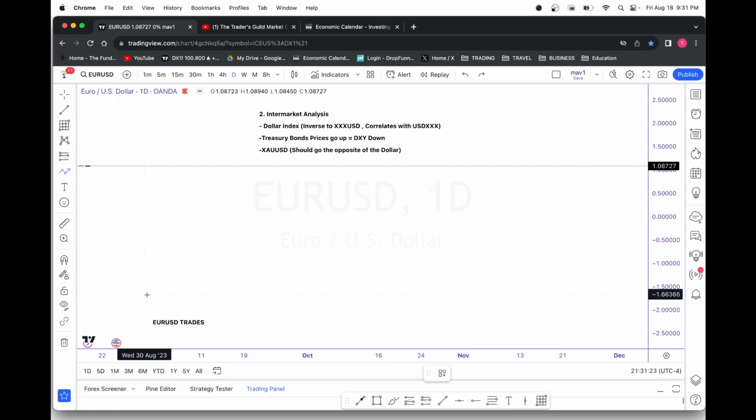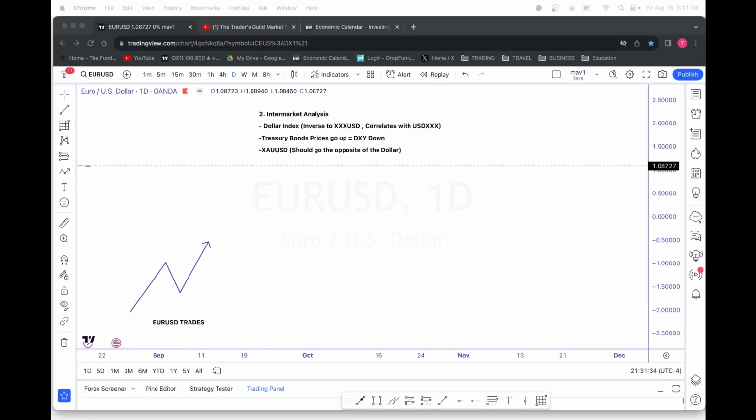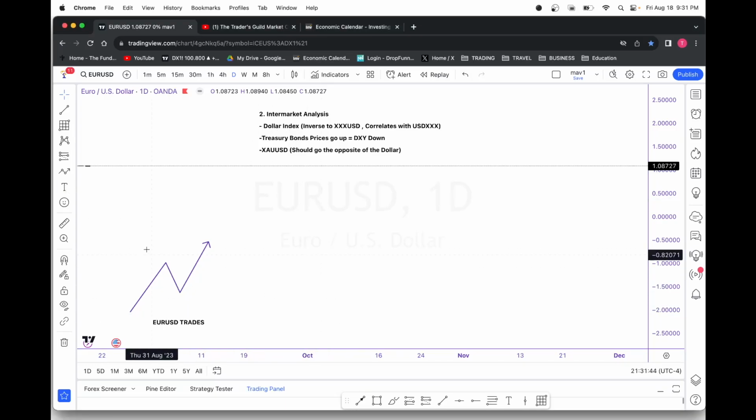We're going to actually do the path today. And I'm expecting this on Euro USD, then I'm going to want to confirm that. So if I'm expecting buys on Euro USD, I'm going to compare it to the dollar first.